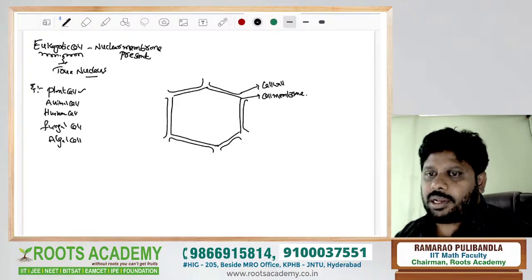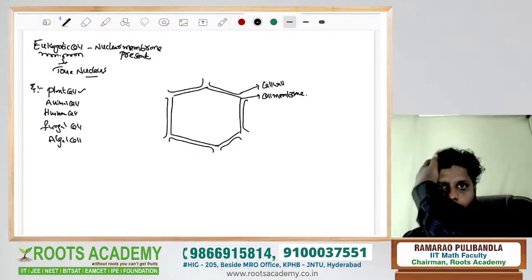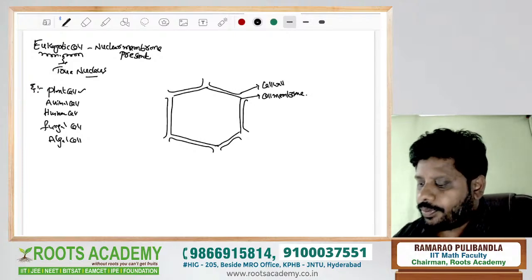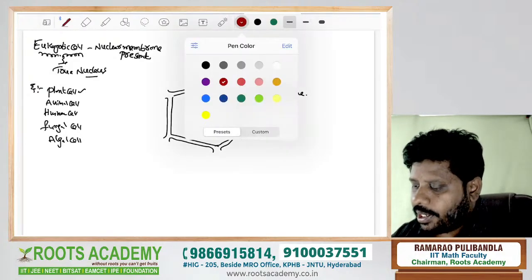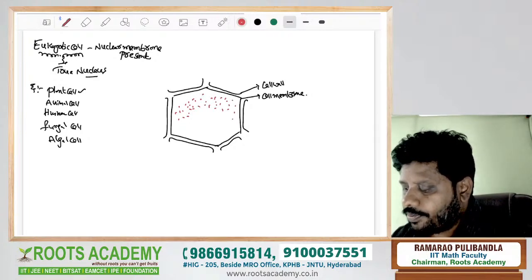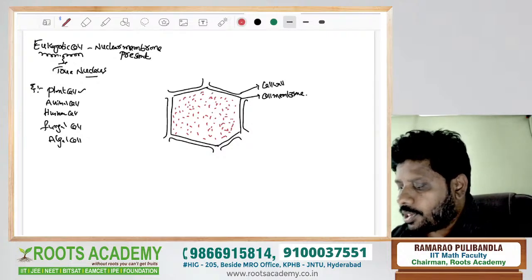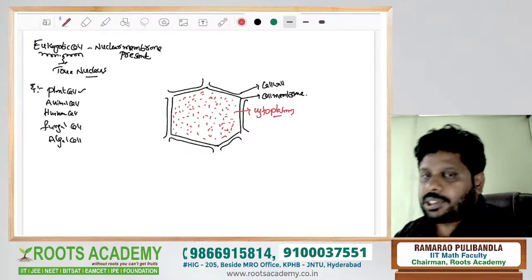Inside the cell membrane some transparent fluid or colorless fluid is present. The transparent fluid or colorless fluid is called as cytoplasm.